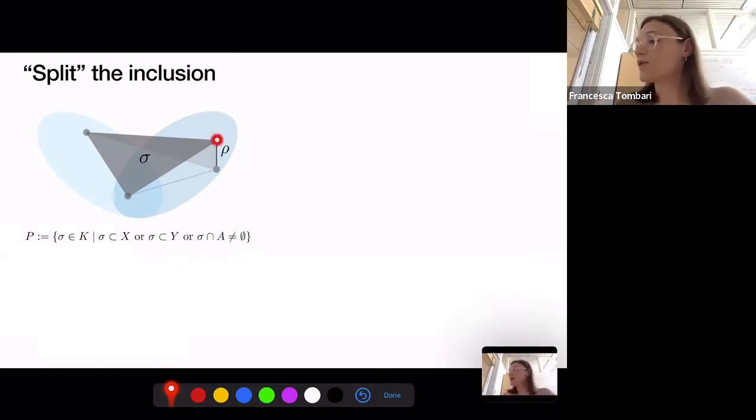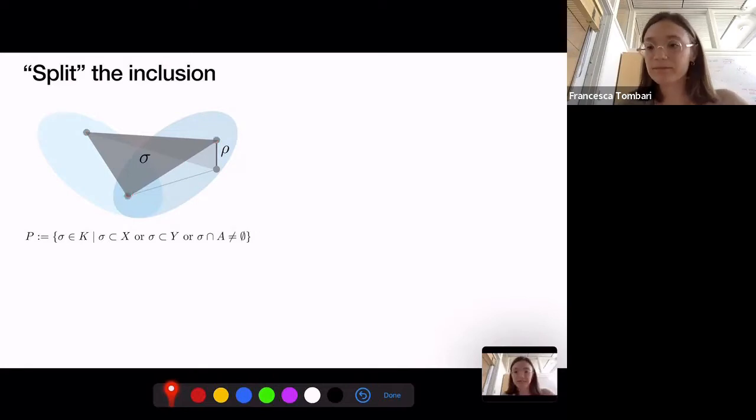So rho is one example of an edge being entirely contained in Y. Sigma instead is an example of a two-simplex having vertices both in X and Y and also in the intersection.